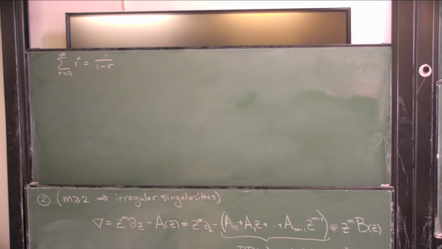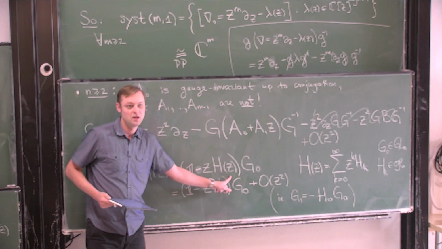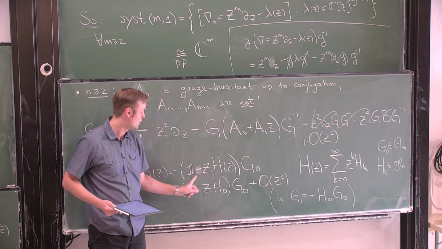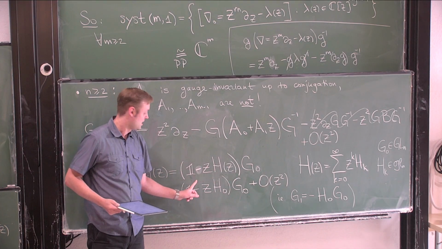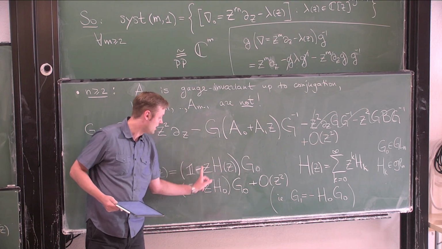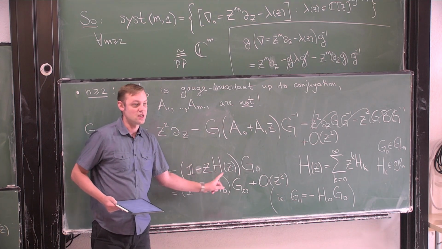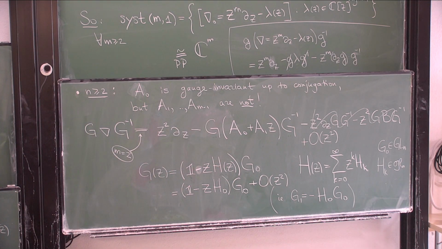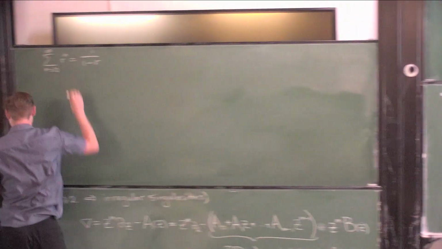The thing in brackets here is my 1 minus r. So I'm looking for the inverse of 1 minus r, so I'm looking for 1 over 1 minus r. This is my r, and I just need to take a series of powers of r. So that's a very neat trick.